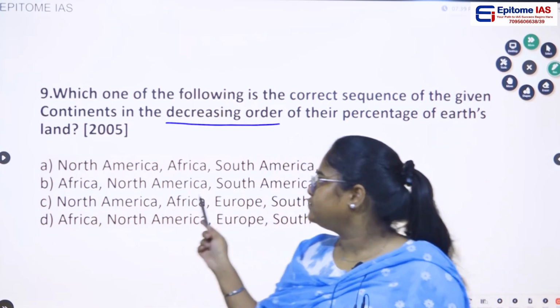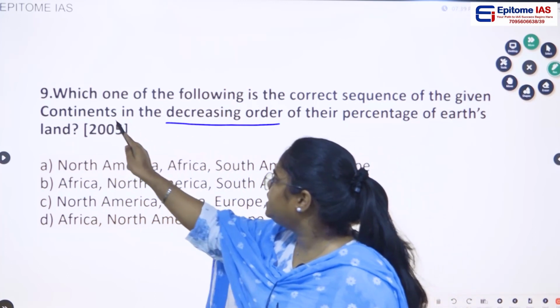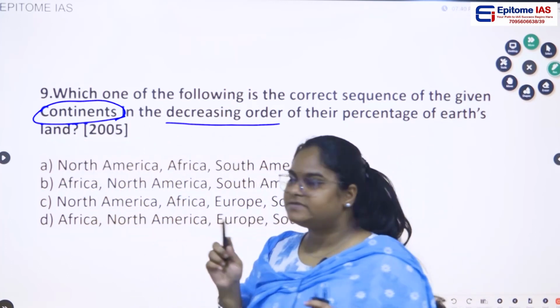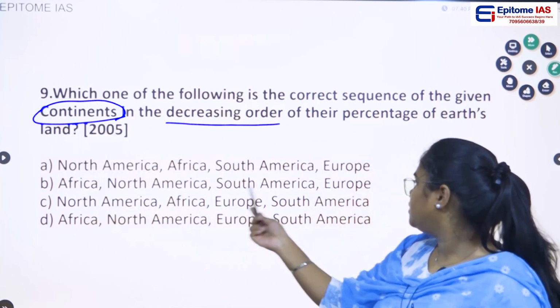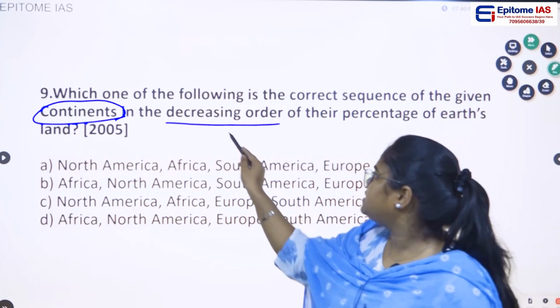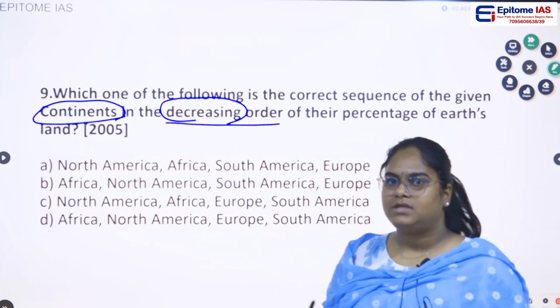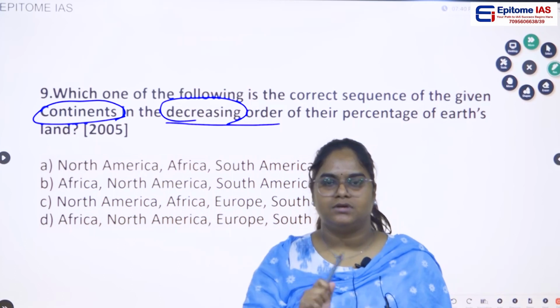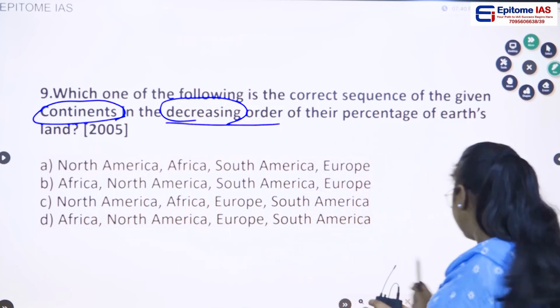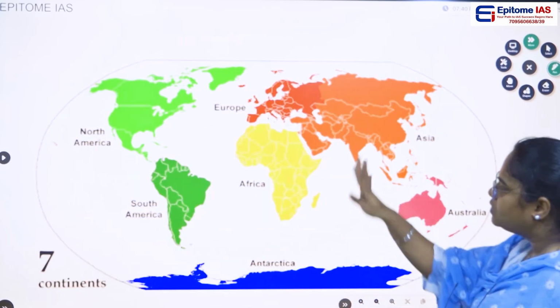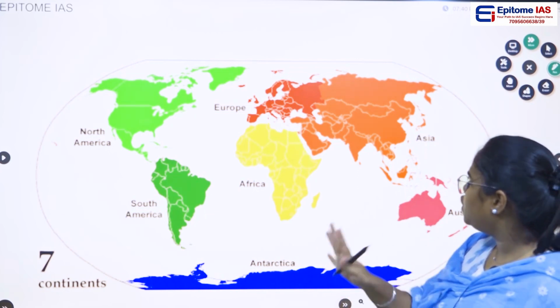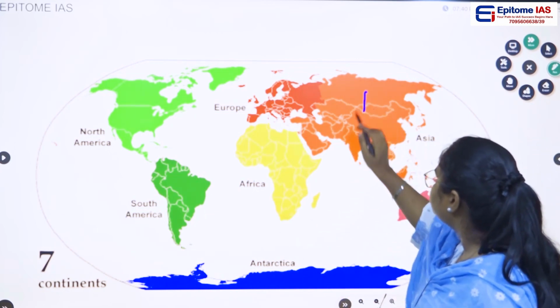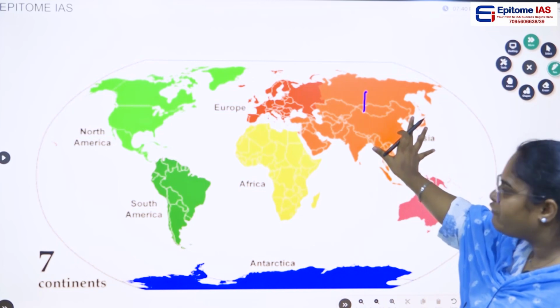Okay. So if you see here, they are asking about the continents. We have 7 continents. They have given 4 continents here, and they are asking the decreasing order, the largest continent to the smallest continent. So let us have a look at the continents here. We all know the largest continent is Asia. So that is first place.